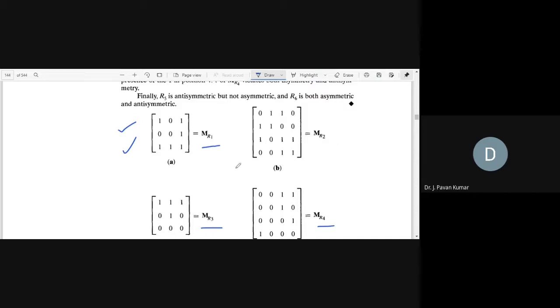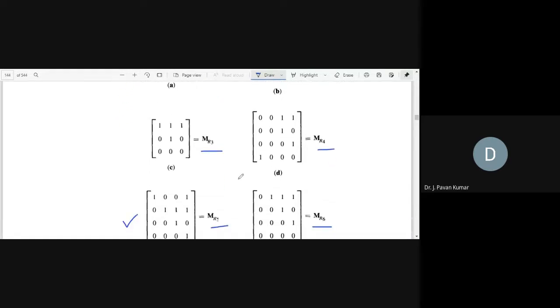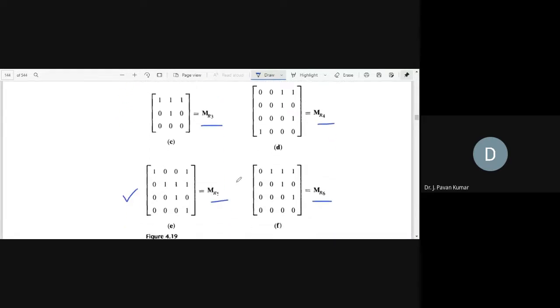Are there any asymmetric relations? Just one last example. MR6 is asymmetric, sir. Yes, MR6 is asymmetric.